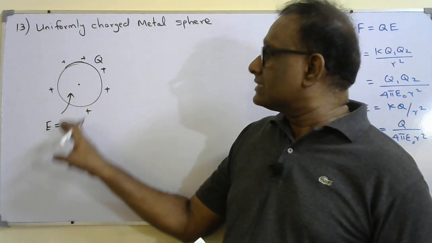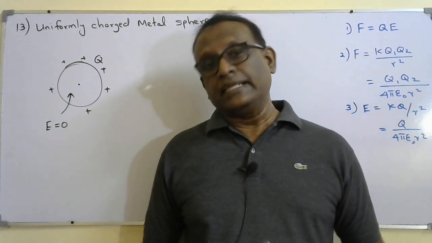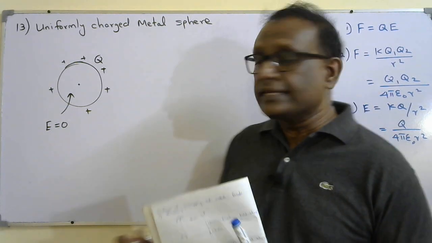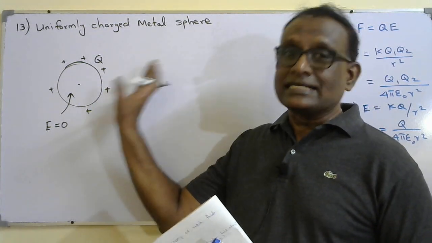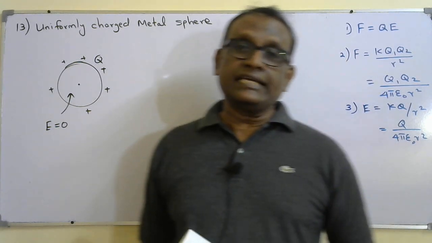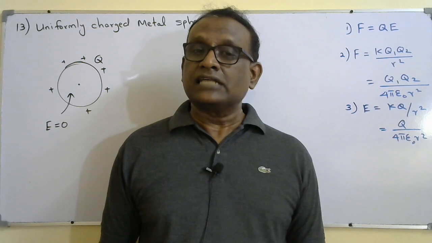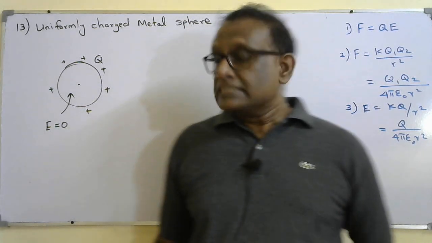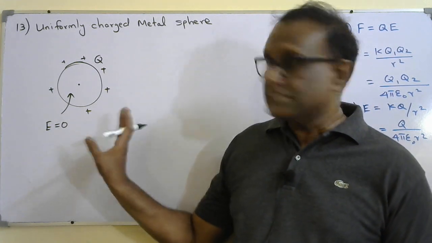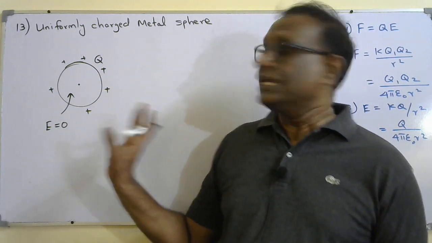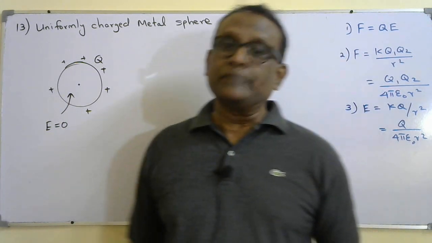So if there is an electric field inside, the charges, meaning the delocalized electrons, will experience force and they will move, but they won't move because they are static charges. Therefore, the electric field strength must be equal to 0. We can say the electric field strength is 0 because static charges won't experience force. If they experience force, they will move, then they won't be static charges, but they are static charges, so they should not experience any electrostatic force. So electric field strength must be 0 inside the metal sphere.